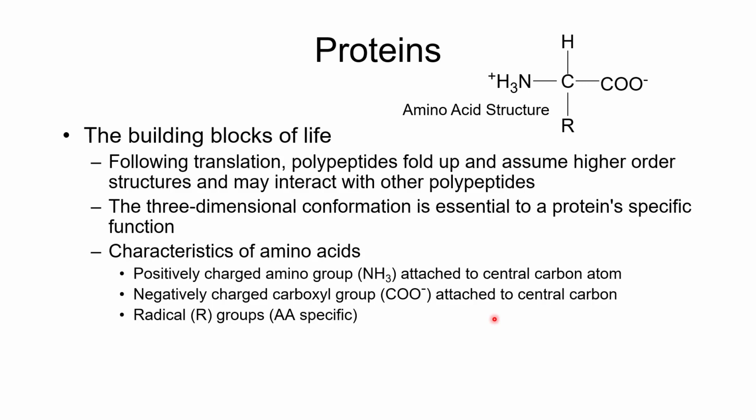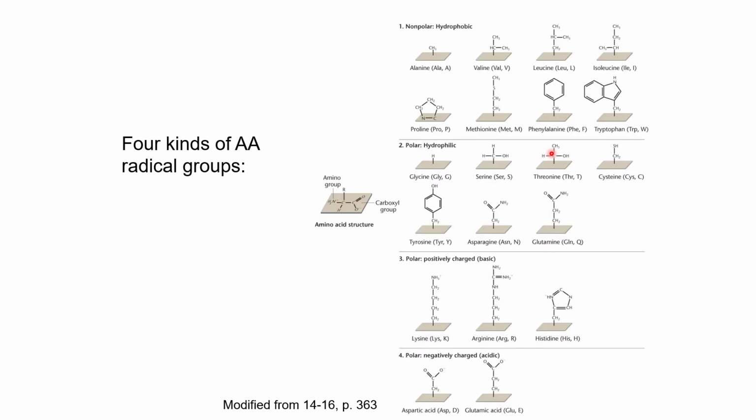There's a central carbon, and attached to that, we have an amino group that has a positive charge. We have a carboxyl group that has a negative charge. And then we have a radical group. And this radical group is what makes our amino acids specific. Now, you do not need to know all the amino acids for this class, but there are 4 kinds of amino acid radical groups.